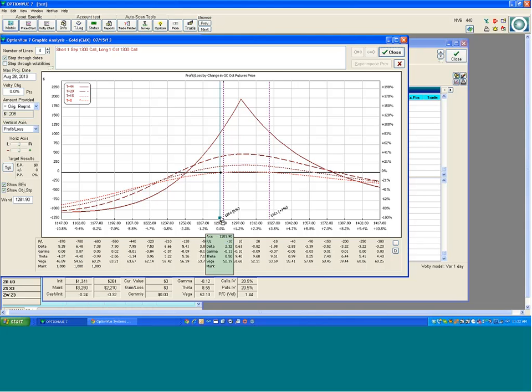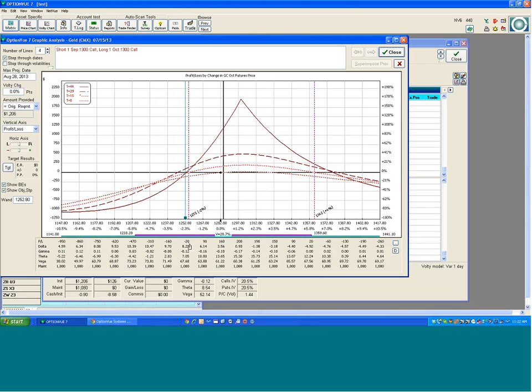The trade is very insensitive to short-term market direction. However, you can see there's a little more vulnerability on the downside. The trade would tend to lose $120 right away if we had a $30 drop in gold right after putting it on. In 15 days, the trade would have a smaller loss.